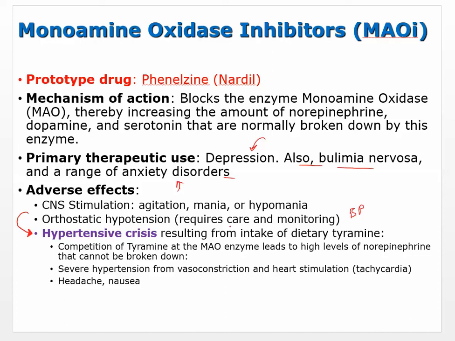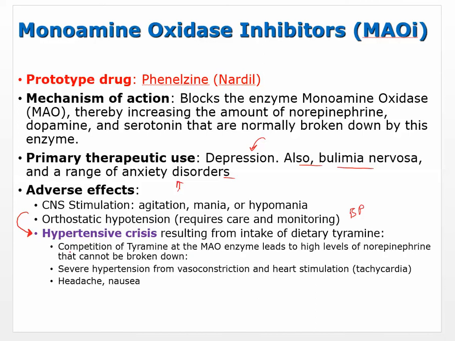So the types of foods like certain types of fish, wine, certain chocolates, you can't eat those. I didn't write them all down here, but you can look those up. So certain foods with tyramine.